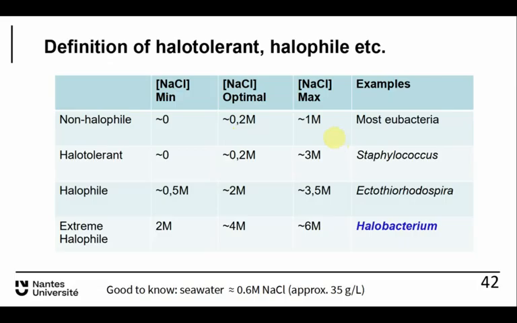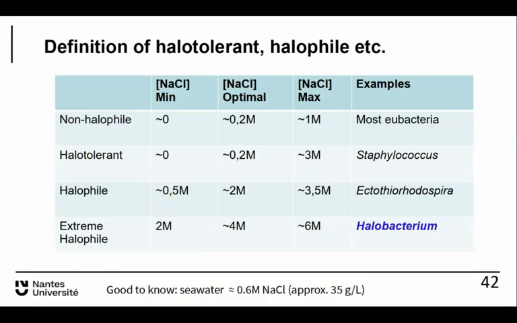I mean, we would not be happy swimming around in a bath of 1 molar sodium chloride. So, just by comparison, seawater is about 0.6 molar, which is about 35 grams per liter. Above 1 molar sodium chloride, most bacteria won't grow, okay?